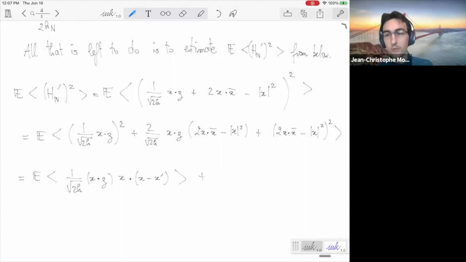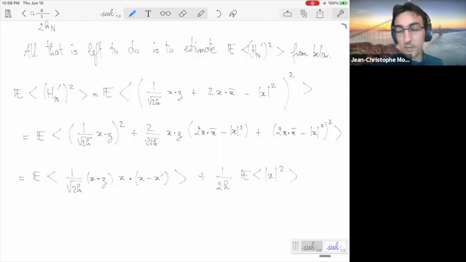And then there's this extra term. If we were computing z dot some function g, everything squared, this extra term was the expectation of g squared. So here it's going to be 1 over 2h times the expectation of x squared.